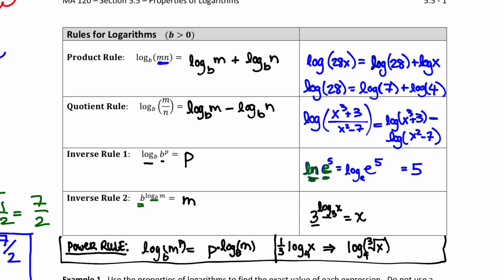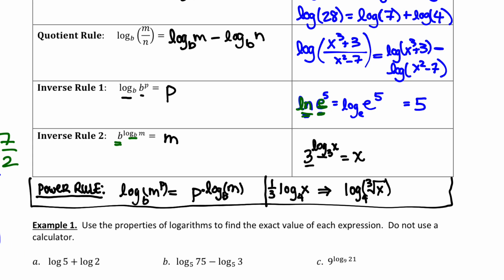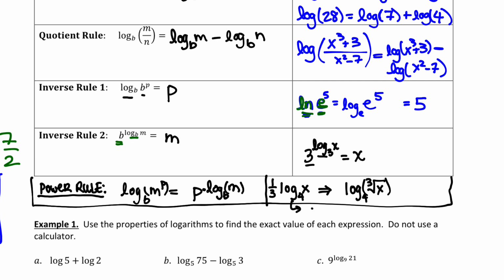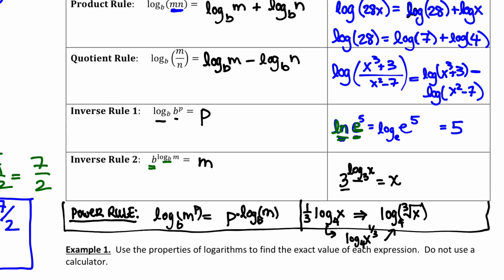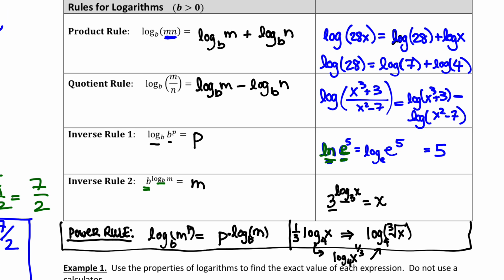So those would be equivalent because the 1/3 could come up as a power, and I know that a fractional exponent can turn into a radical. So 1/3 log base 4 of x could become log base 4 of the cubed root of x. And the intermediate step would be log base 4 of x raised to the 1/3 power. Again, this comes up in calculus, so I want to make sure we have all these rules.